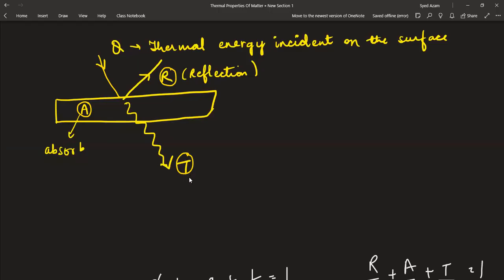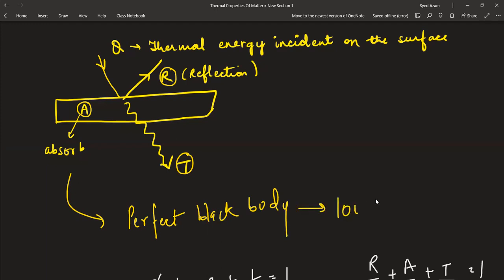Reflection in the form of refraction, there you will be doing this. Absorption is also there. Remember one thing, that a perfect black body has 100% absorption.